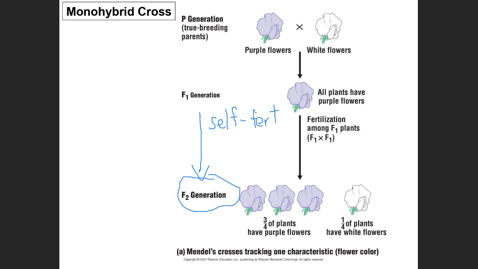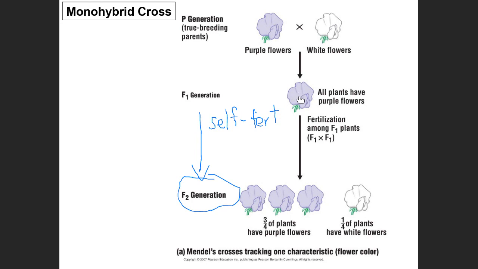And he did this for two reasons. One, I want to know is the trait hidden or lost in these guys. But the reason for the self-fertilization is he didn't want to introduce any more traits. In other words, I only want to know if that trait for white flower color is hidden or lost in each of these offspring, one at a time.